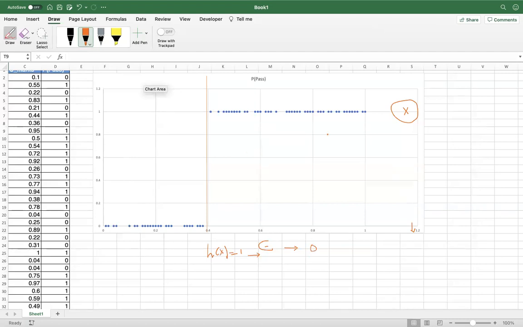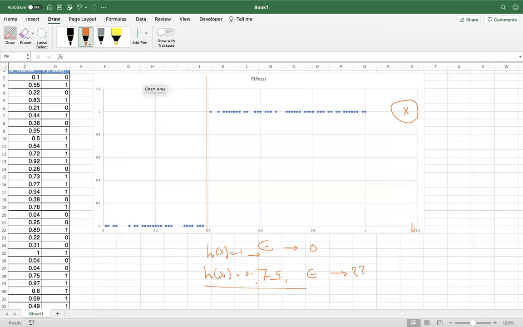Now, if my model's prediction of that particular student passing is 0.75, will there be any error or not? First of all, let us see what 0.75 means.